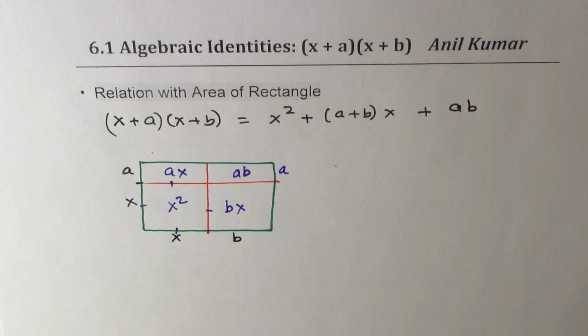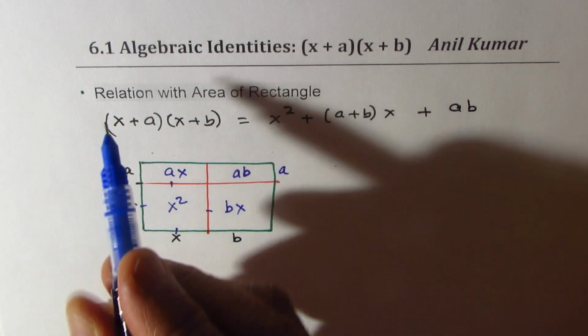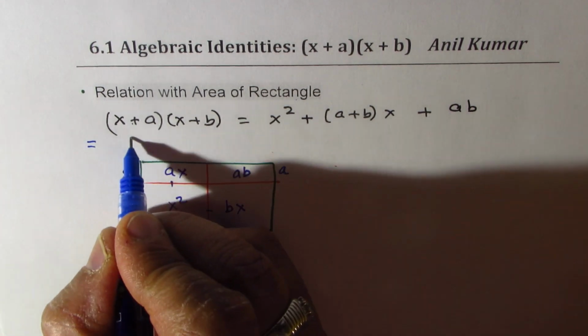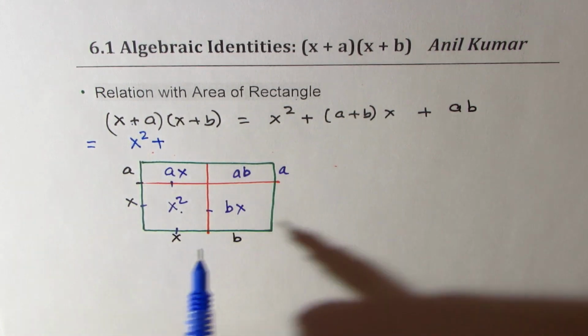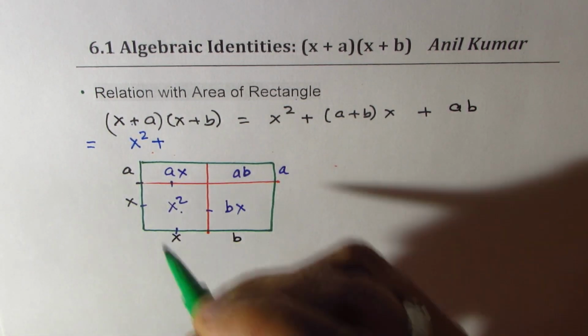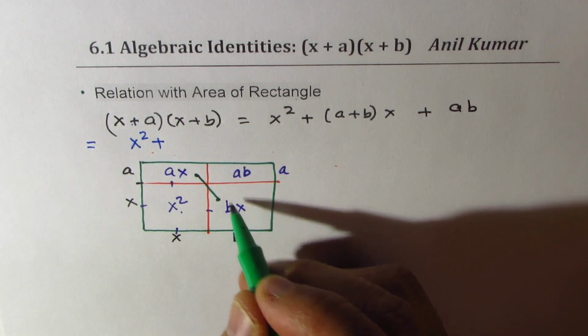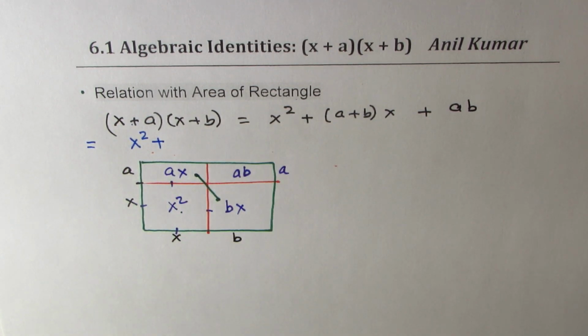So what you notice in this particular case is that we could actually write this identity as x² plus the sum of these two. They both are like terms. They have x as a common factor.